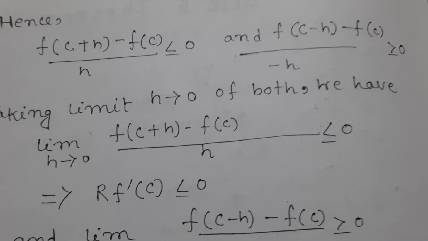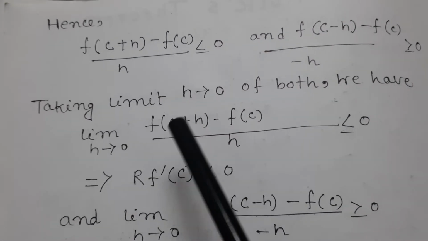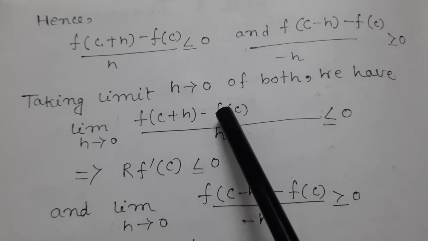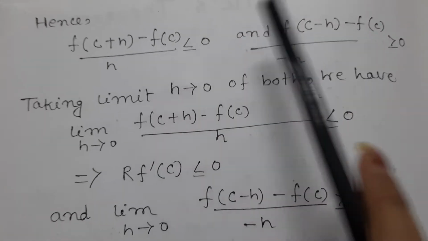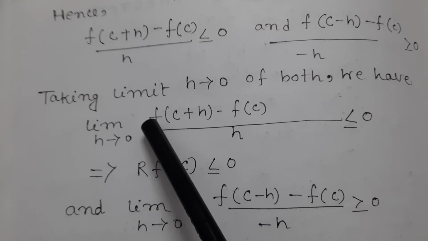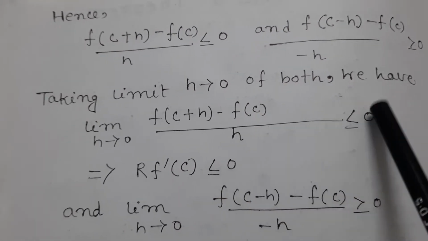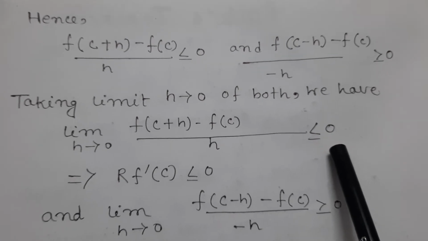Taking the limit h tends to 0 of both, we have the limit of [f(c+h) minus f(c)] by h less than or equal to 0.